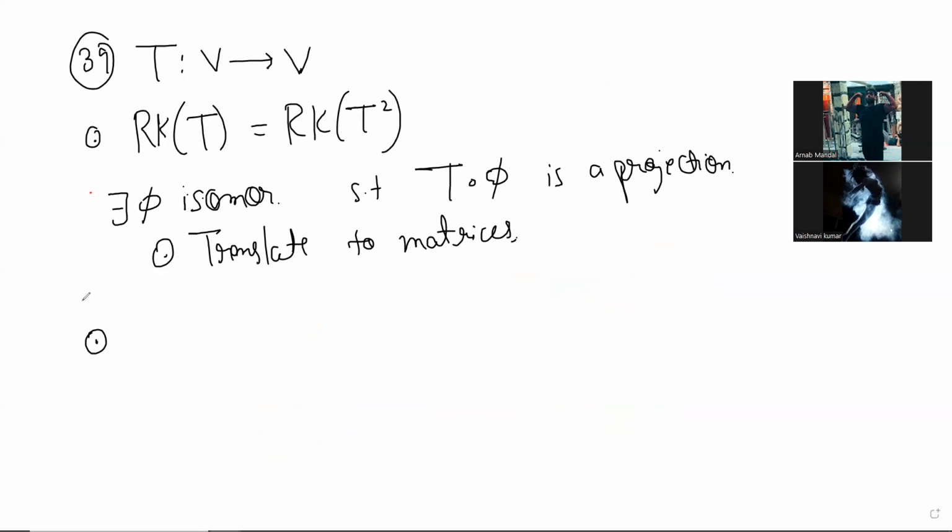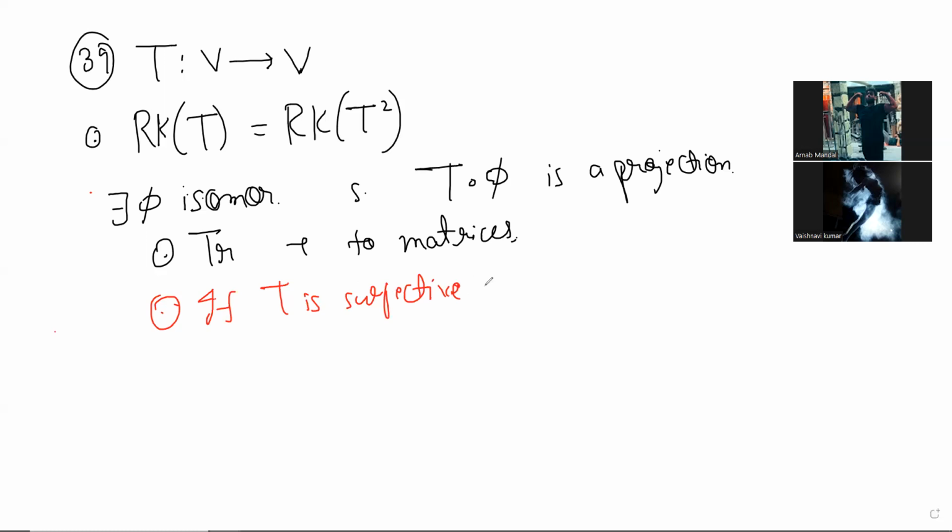So you can just do this simpler exercise. If T is surjective, which is the same as injective because it's finite dimensional and V and V are the same. So if T is surjective, you can note it down, try it.